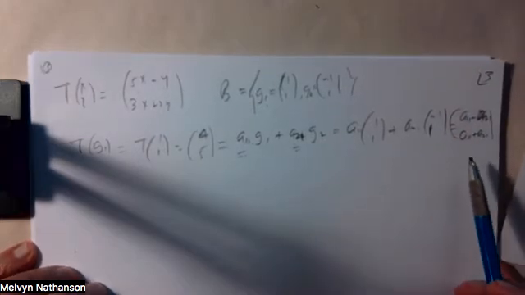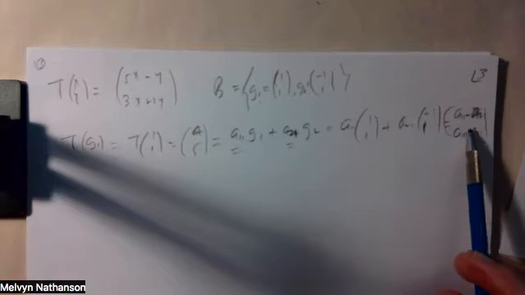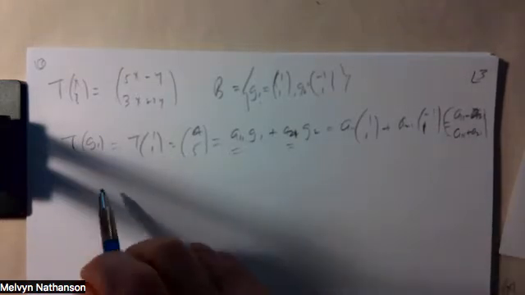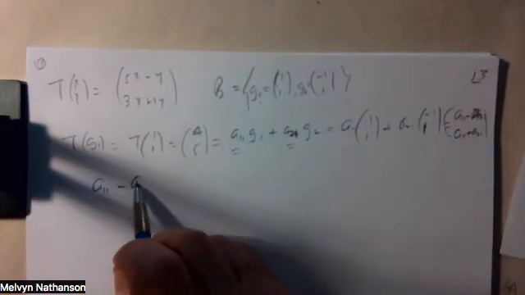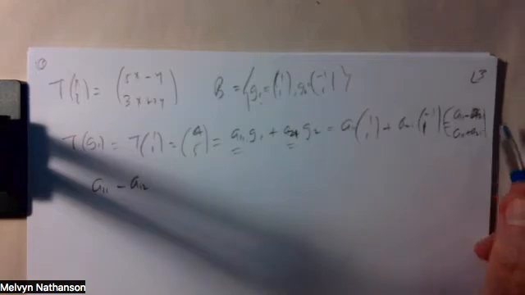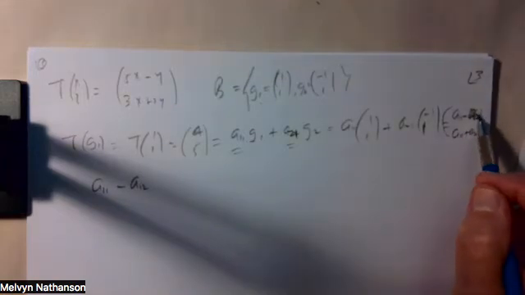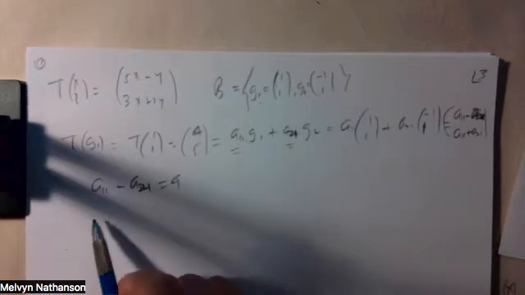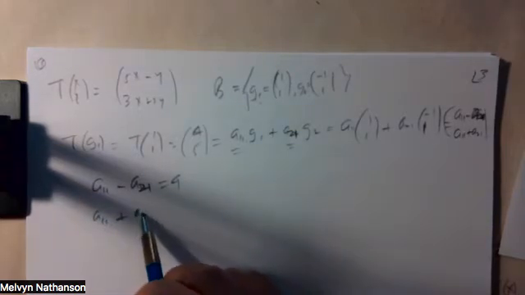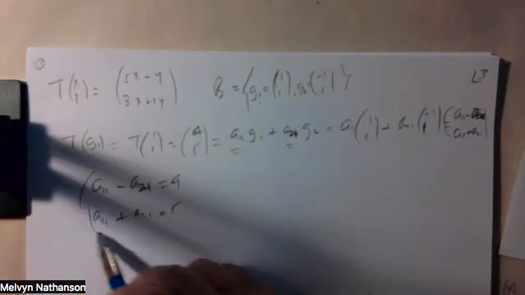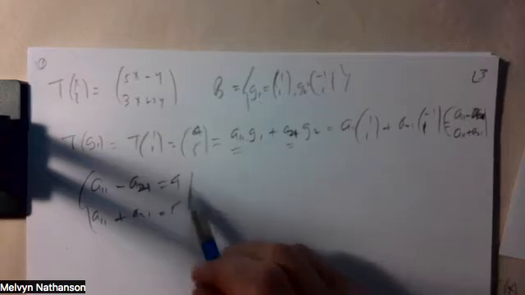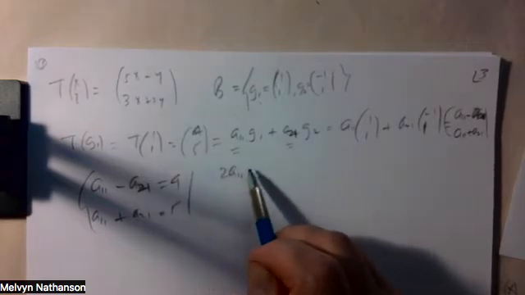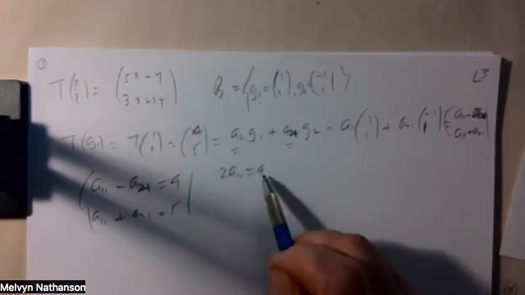So linear algebra often reduces to linear equations. I have to solve these equations. A11 minus A21 equals 4. A11 plus A21 equals 5. And if I add those equations, I get 2 A11 equals 9.